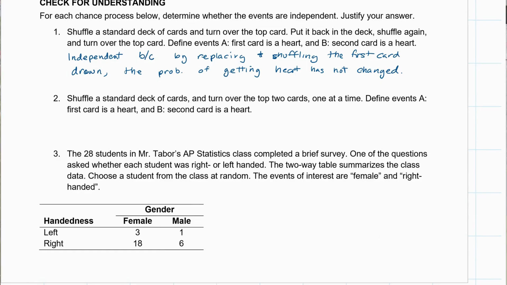Let's take a look at the second one. Shuffle a standard deck of cards. Turn over the first two cards one at a time. Define events: A, first card is a heart, and event B, second card is a heart. These two events are not independent. And let's talk about why.